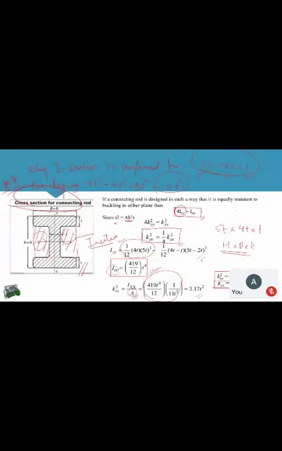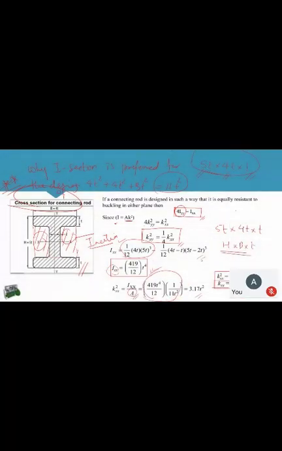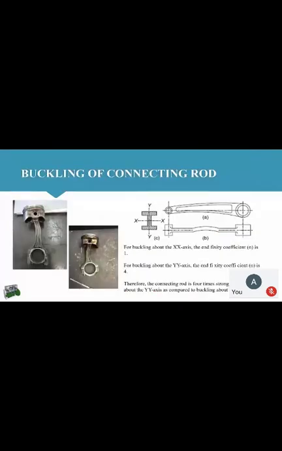Draw this diagram for the cross section, and also draw a connecting rod with small end and big end. I'm giving you 5 minutes time. Hurry up. Also draw this figure.